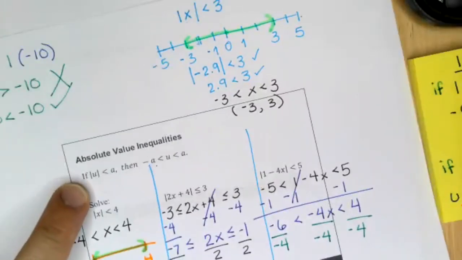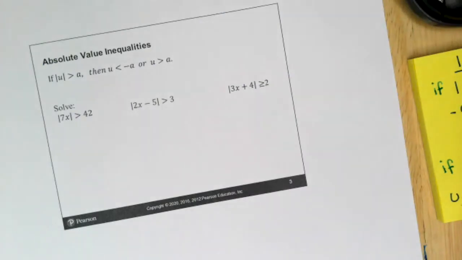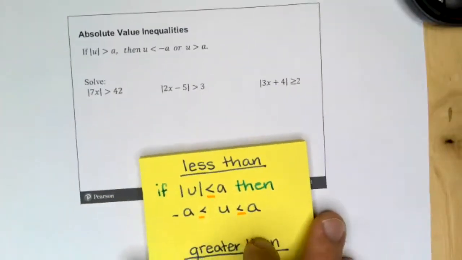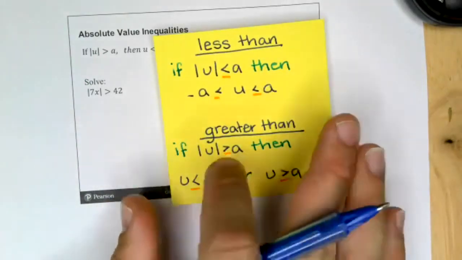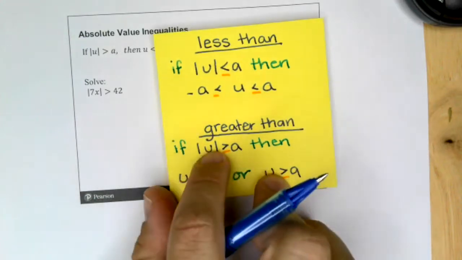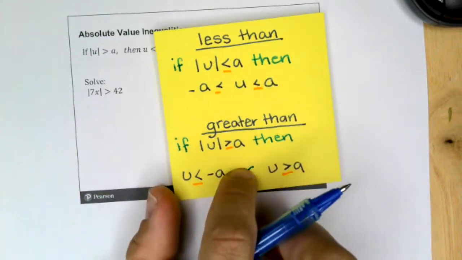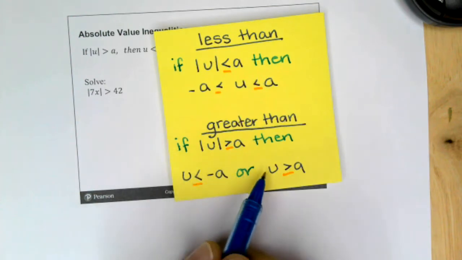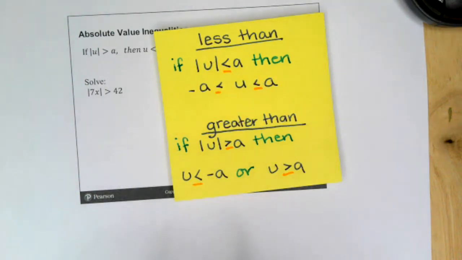So this is the less than, right? If the absolute value is less than the number. Here is greater than. Okay, so if the absolute value is greater than a, then we write that same inequality, absolute value is greater than a, or we flip the symbol and change the sign.